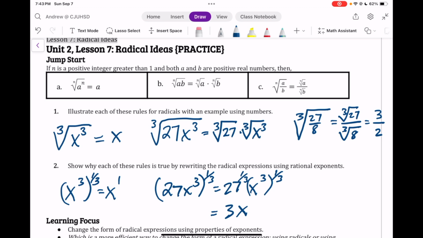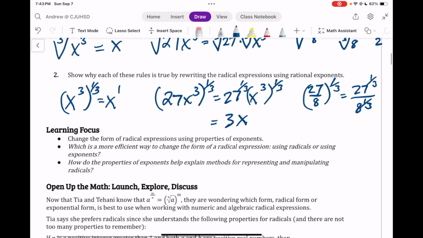And the last one would be the same idea. It would be taking 27/8 to the 1/3 power and then giving each of them that 1/3 power. So roots and exponents share the same rules or the same properties.